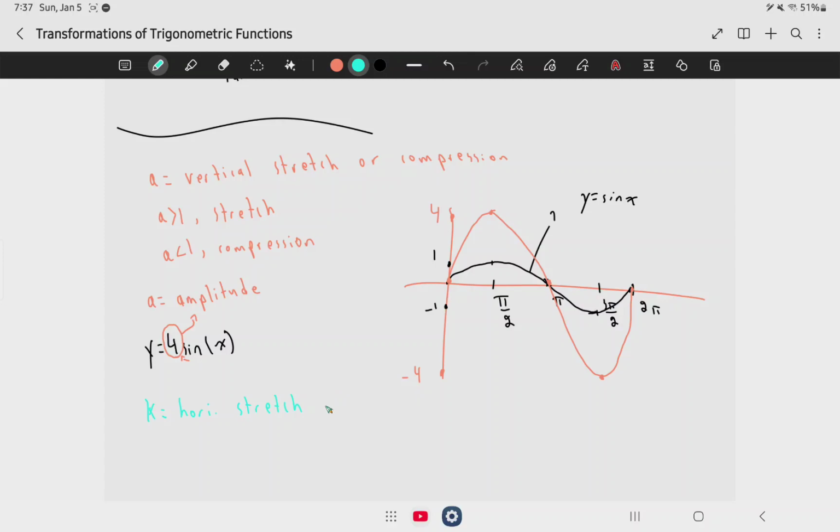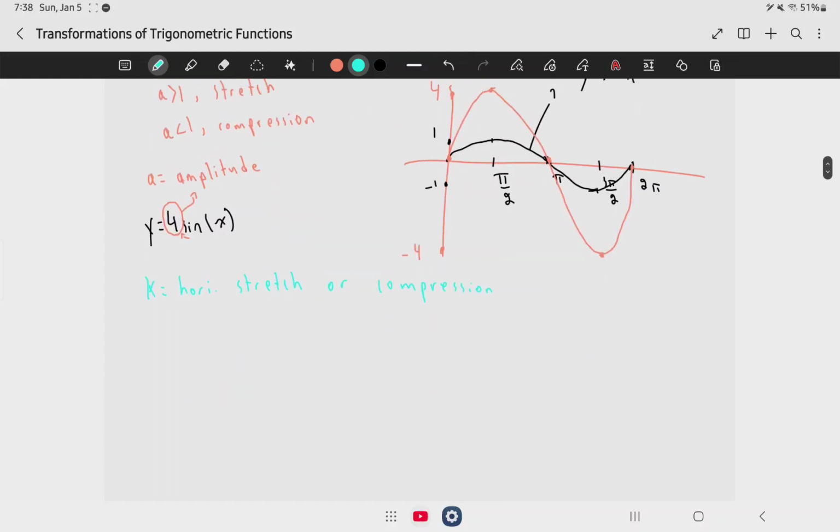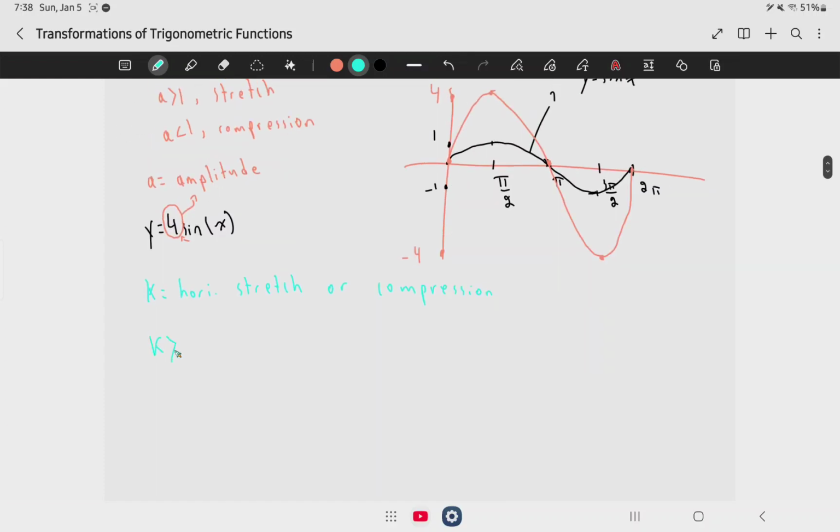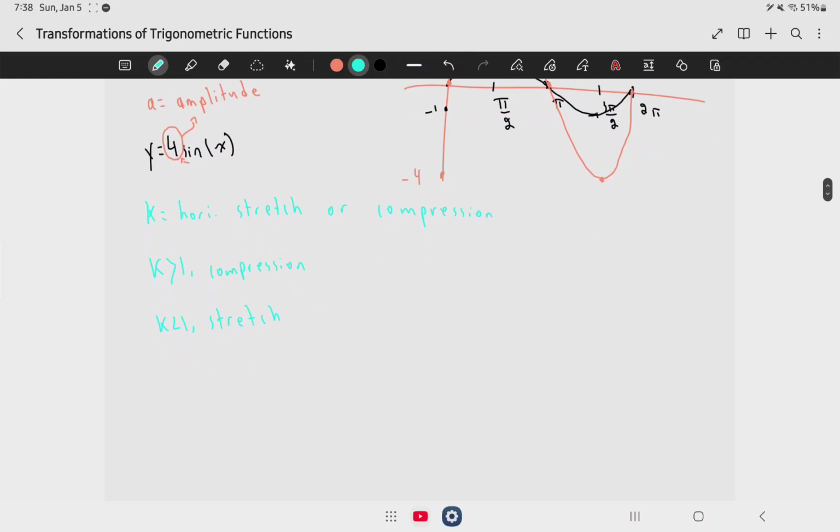And the k value is different compared to the amplitude in the way that if the k is more than 1, then it's a compression. But if it's less than 1, then it's a stretch. And it affects the x-axis.